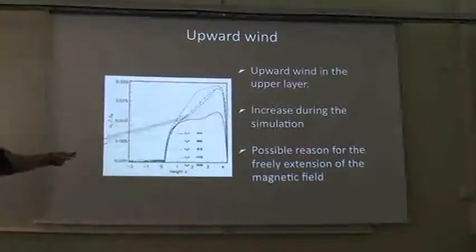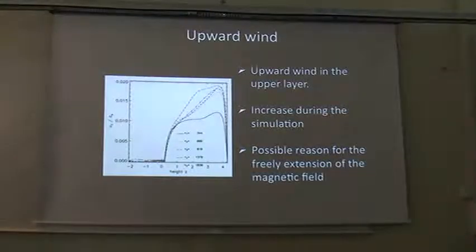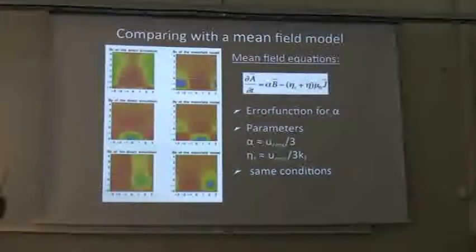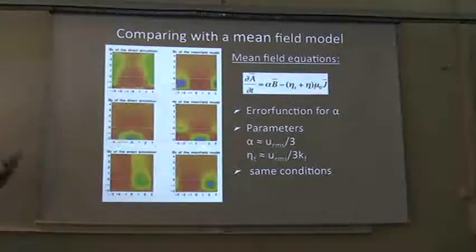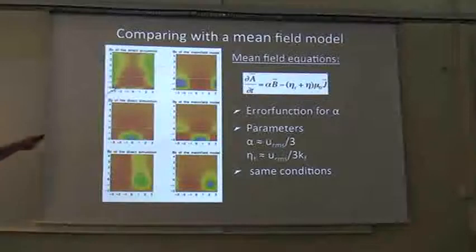This is several time steps. When you go back, this may also explain some of the differences, because you don't have an upward wind in the mean field model, since you don't really solve the momentum equation.